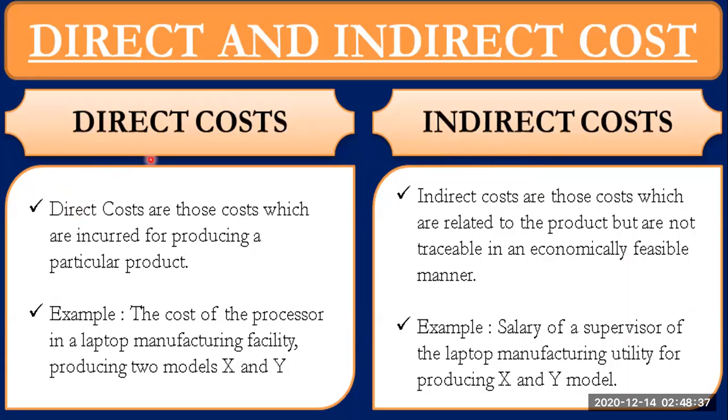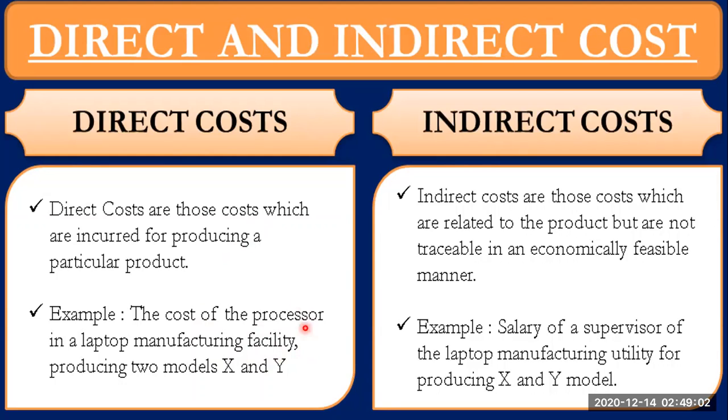So when talking about direct cost, we should know that they are those costs which are incurred for producing a particular product. What I just told you, the direct connection with the production. Example, the cost of the processor in a laptop manufacturing facility producing two models X and Y.